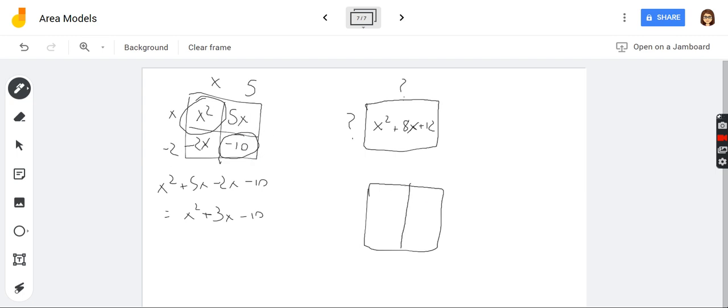So I'm going to start to fill in the parts here because I want to figure out what goes on top here and what goes on top here. The x squared for sure is going to sit here. So I know that that's an x and that's an x. The constant term, the single number that doesn't have the x, is always going to go in this bottom right corner. Oops, I put the x in the wrong place. Nope, you don't go there.